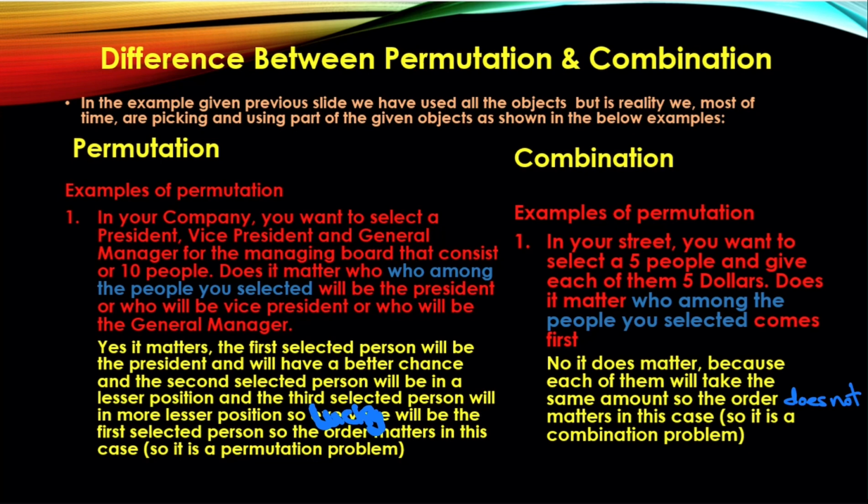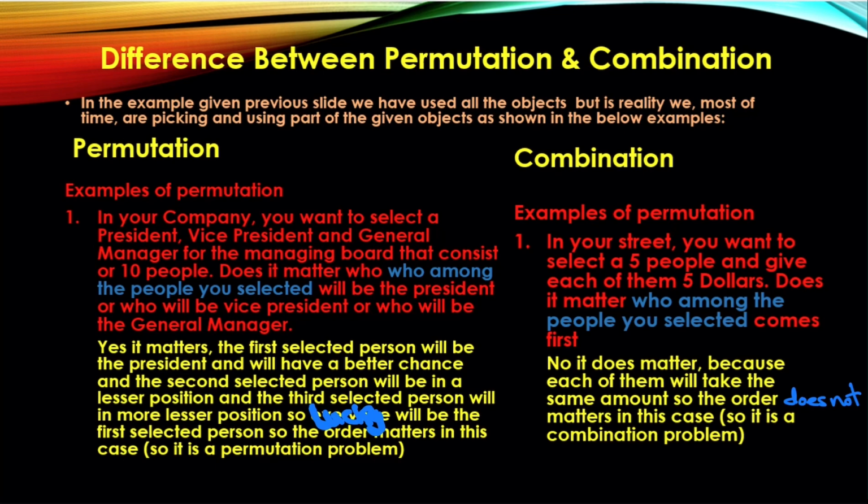Okay. So the question here: does it matter who among the people you selected will be the president? Yes, it does. And who will be vice president? Yes, it does. And who will be general manager? Yes, it matters. The first selected person will be the president and will have the better chance over the others to rule this big position in the company.